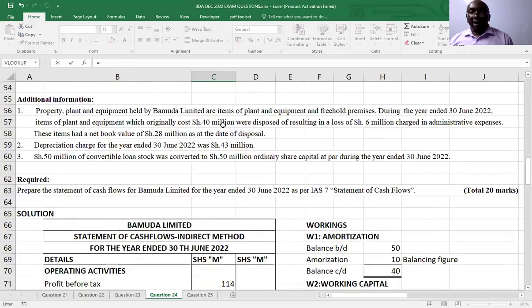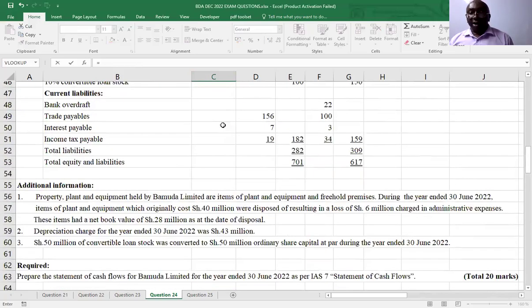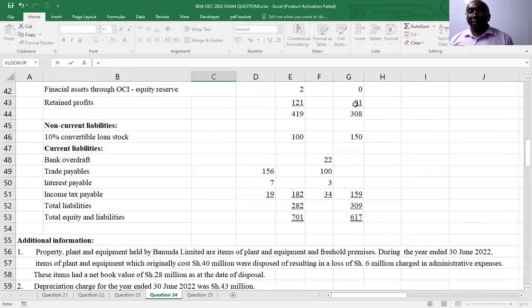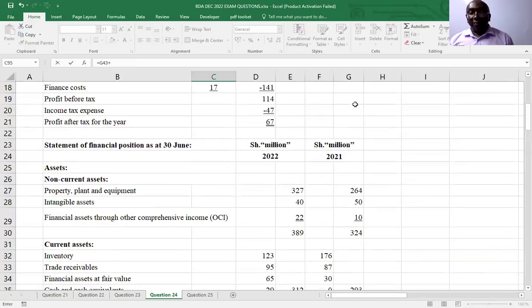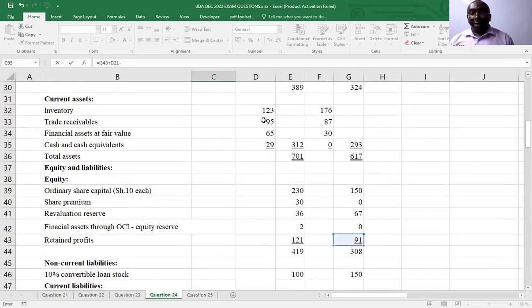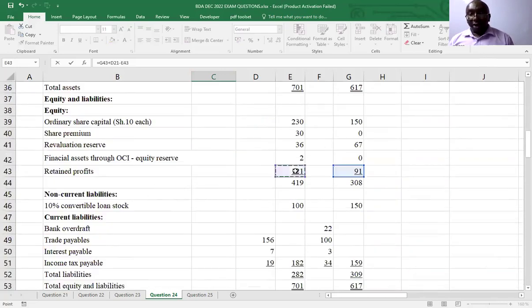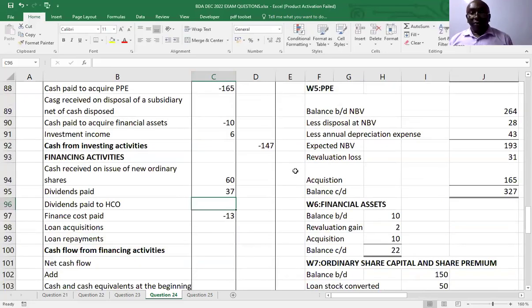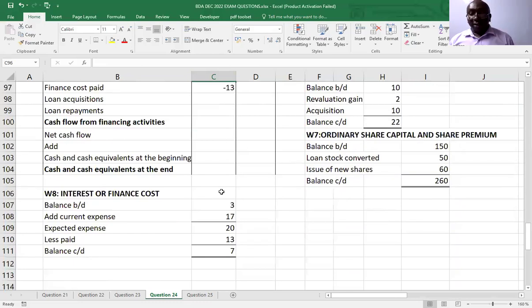Nilifungua na ngapi? Nilifungua na 91. Add. Nikaongeza hii 67. Alafu sasa ninamalizia na this 121. So hiyo ni kumaanisha I must have paid dividends of 37. Yeah. But I want to show it as a working here.